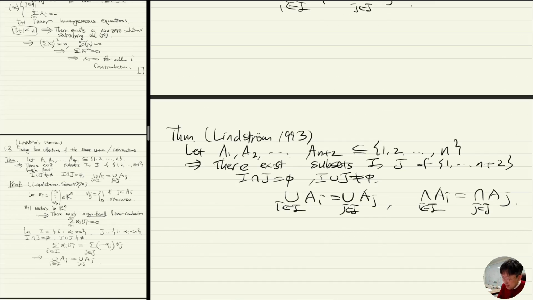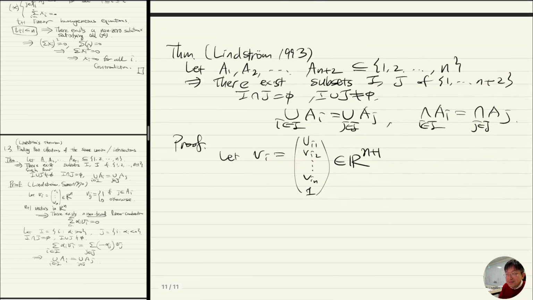How do we prove that? We do almost the same proof, except we're going to make some variations. Now let vi be the vector, but I'm going to fix the last coordinate to be 1. So this is a vector in an n plus 1 dimensional vector space.